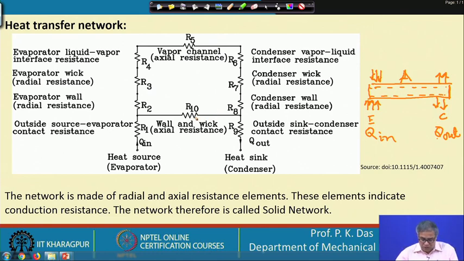So, depending on how much accuracy you need, you will have different kinds of network models.